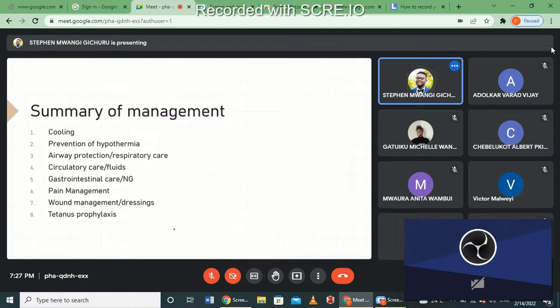Remember, if you have intravenous access, try and use intravenous, but sometimes they may be so burnt that you may not be able to get intravenous access. So for children, you do intraosseous. You tend to do intra-arterial. I forgot to talk about that, but we tend to use intra-arterial, especially in ICU, because it's easier to have that fixed, and you can have it for a prolonged period of time. Pain management, we talked about the WHO ladder last time. Wound management, we have talked about it, and tetanus prophylaxis.